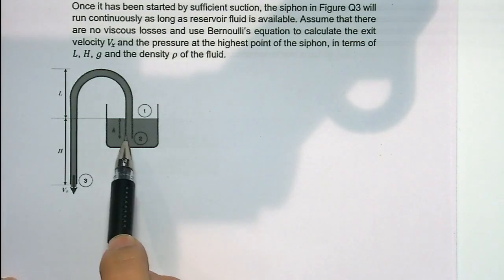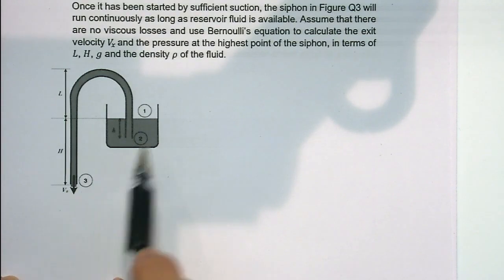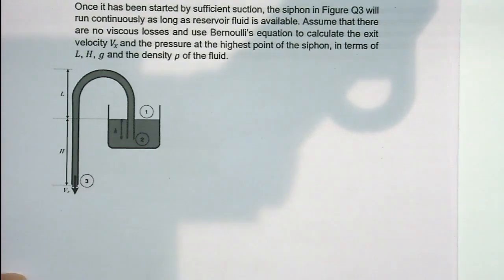You can choose the point from point 2 to 3, and apply the Bernoulli equations. But the problem is the velocity of the fluid at position 2 is the same as the velocity at position 3. So when we apply it, the velocity will cancel. They are the same. So we couldn't use it to get the velocity. So we need to find another place to get the velocity.